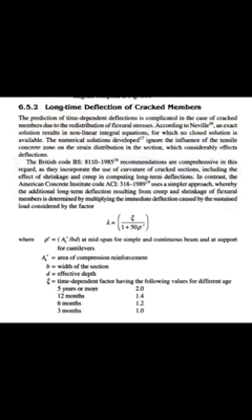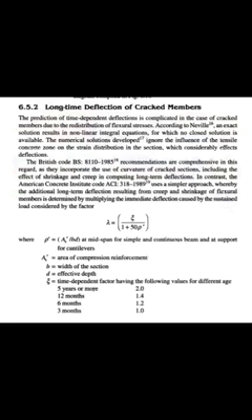The American Concrete Institute uses a much simpler approach. In this, the additional long-term deflection resulting from the creep and shrinkage of the flexural member is found by multiplying the immediate deflection caused by the sustained load by a factor.